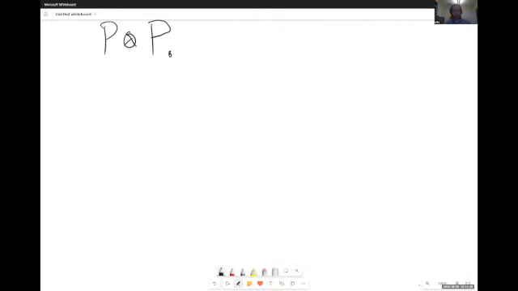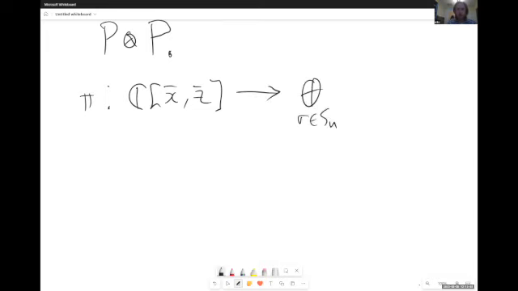Okay, so first off, let me start with a warm-up example. So let's take a simpler version of pi, and let's imagine I have just the x and z variables. So I take the exact same map, it's still into the direct sum over all permutations of f of x bar times E sigma, and the map is defined exactly the same way.